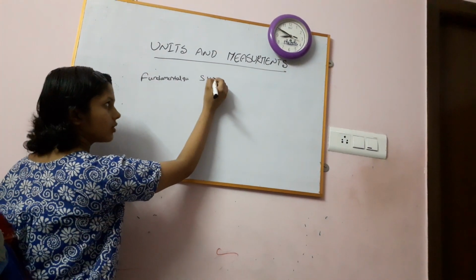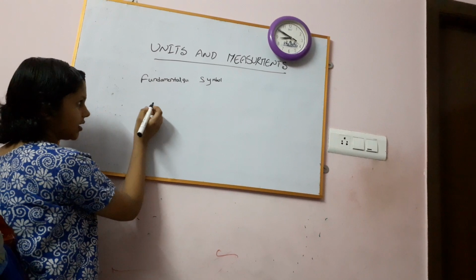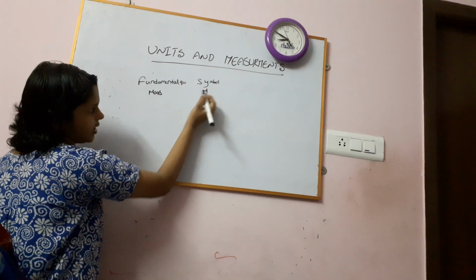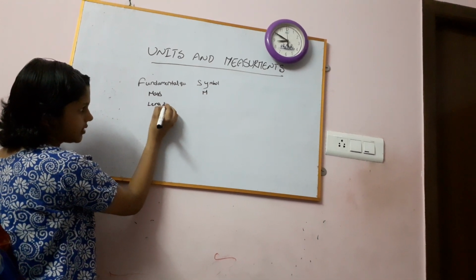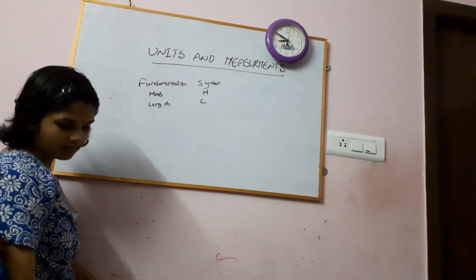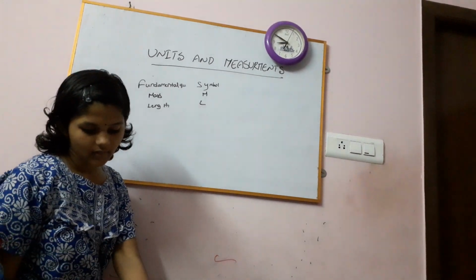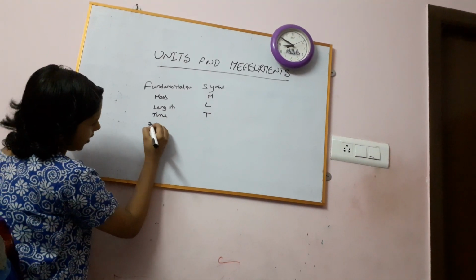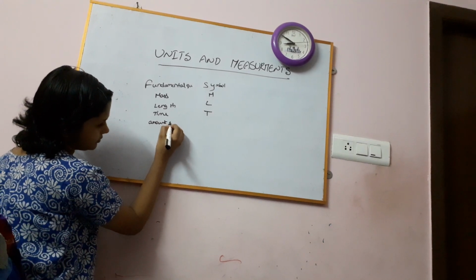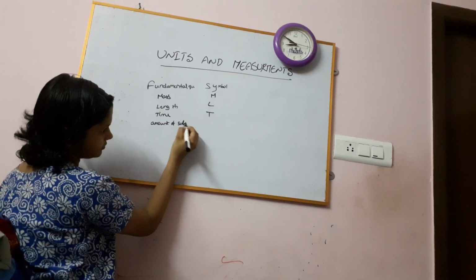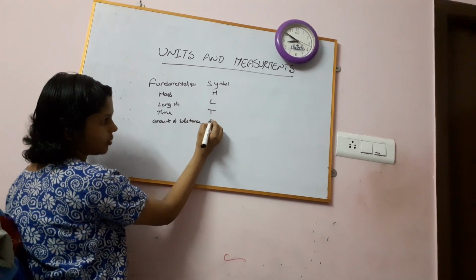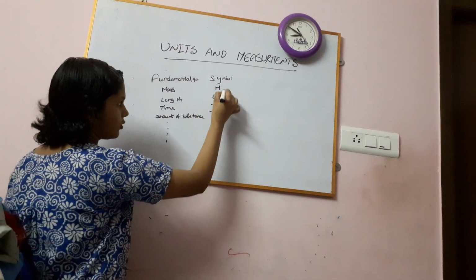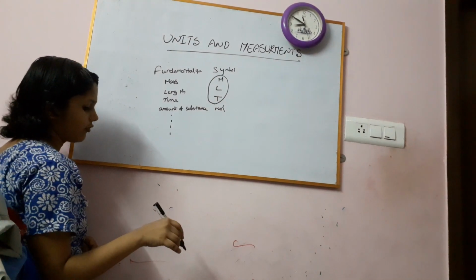The first fundamental quantity is mass, symbol M; length, symbol L; time, symbol T; amount of substance, mole. We don't need to know the rest. We have to know these three physical quantities for the dimensional formula.